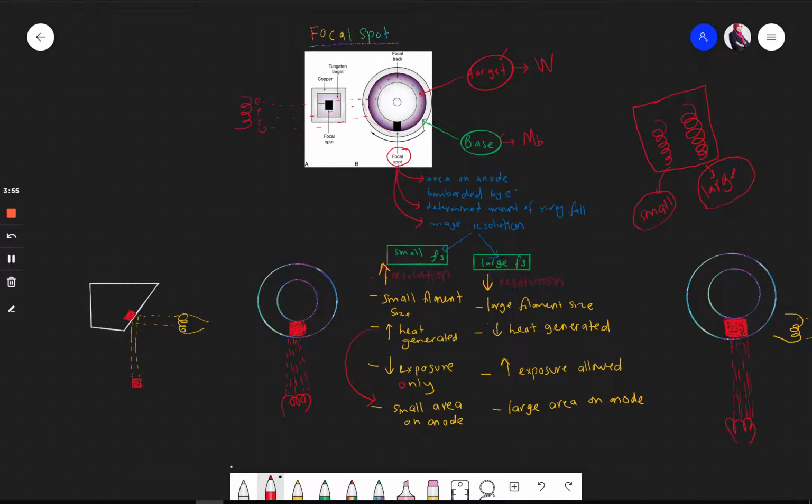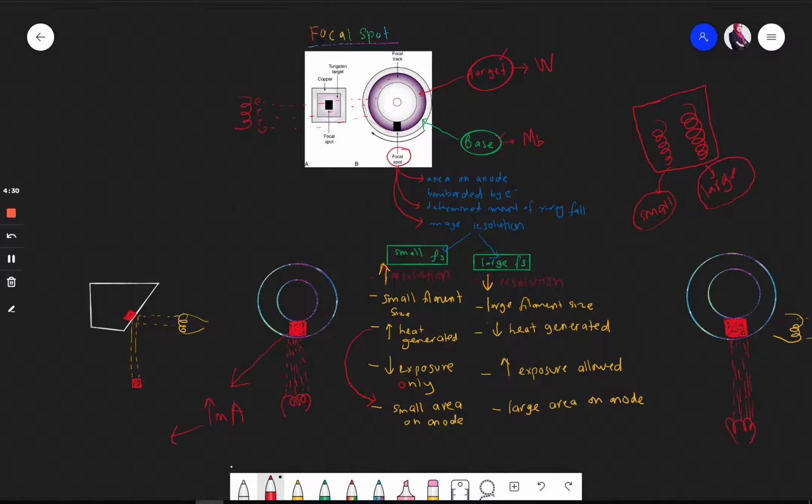Next, the exposure. For the small focus spot, only a small exposure is allowed, whereas for the large focus spot, we can allow a large exposure. Why? Because this is a small focus spot, a small area. If we allow a large exposure, meaning we are using high milliampere, what happens here?